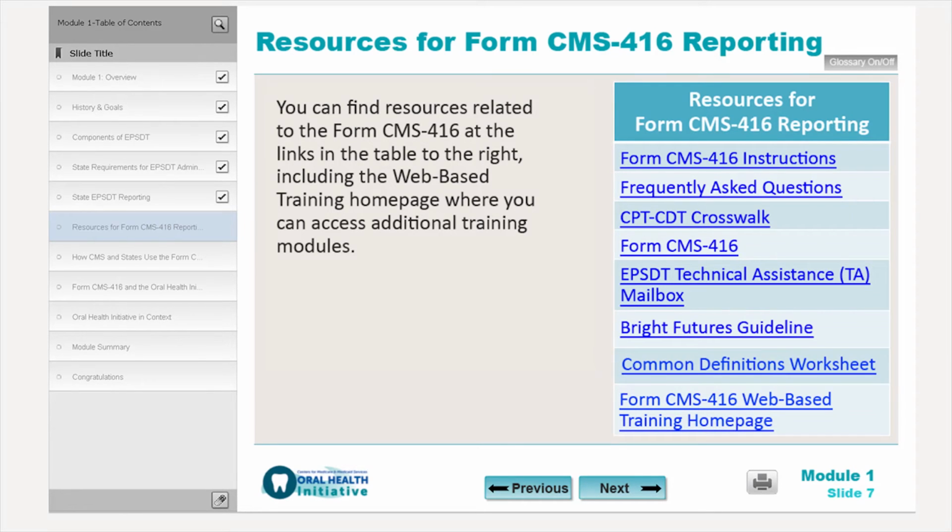These resources include Form CMS-416 instructions, a frequently asked questions document, a CPT-CDT crosswalk, the Form CMS-416, links to the EPSDT Technical Assistance or TA mailbox to submit EPSDT-related questions, a worksheet of common definitions, and a link to the Form CMS-416 web-based training homepage. There is also information available about the Bright Futures Guideline at brightfutures.org.